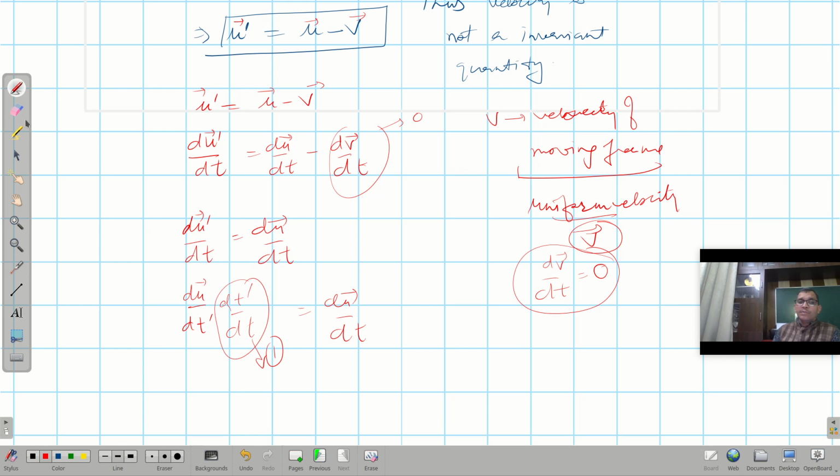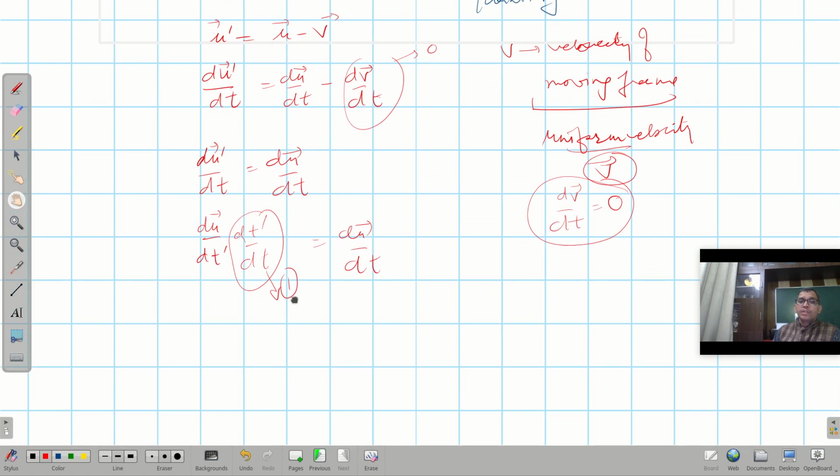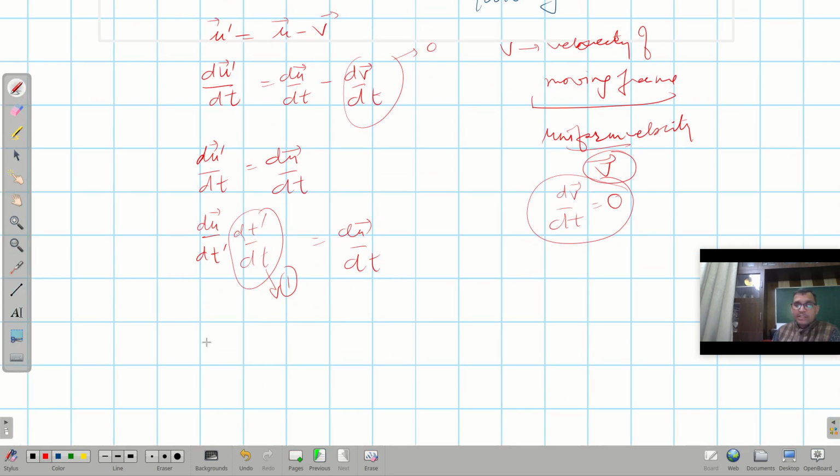Therefore, du prime over dt prime is equal to du over dt, which implies that the acceleration of the particle in the moving frame of reference is equal to the acceleration of the particle in the rest frame of reference, and both are equal.